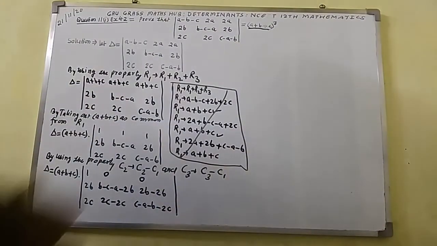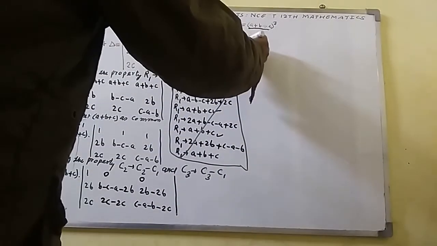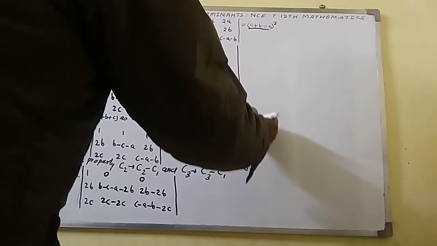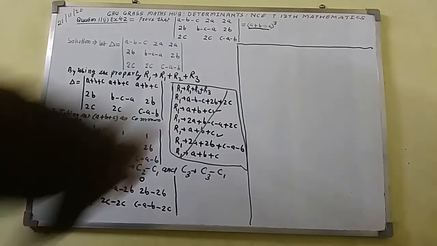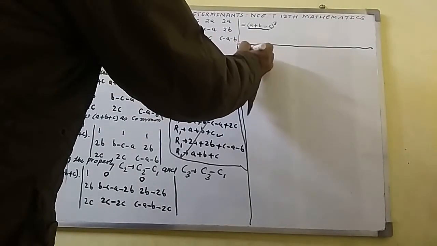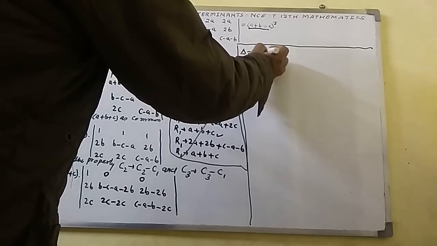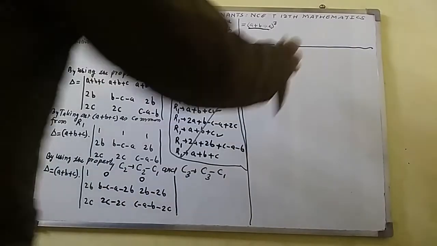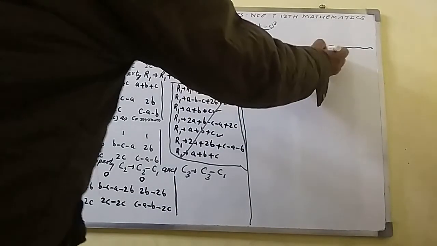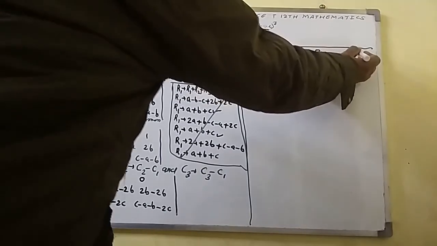Now draw a vertical line here, and draw this line also. And the same thing will be reflected here. Here I shall write det equal to A plus B plus C. And this det comes out to here det.